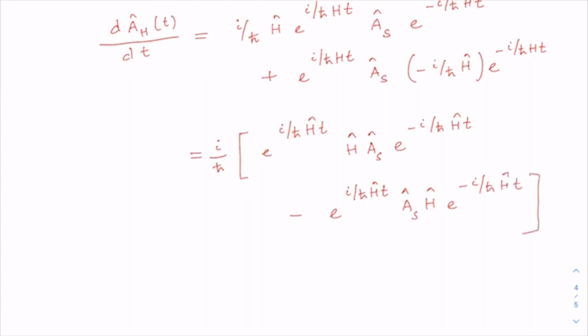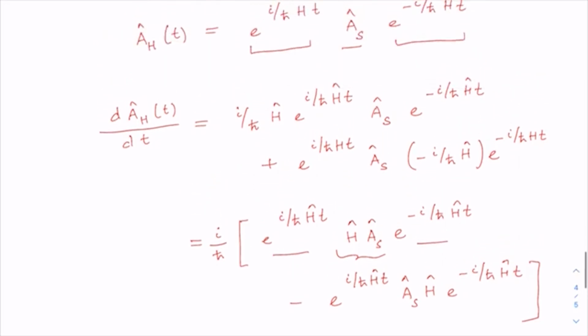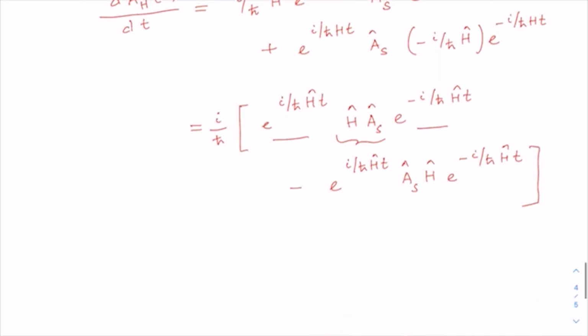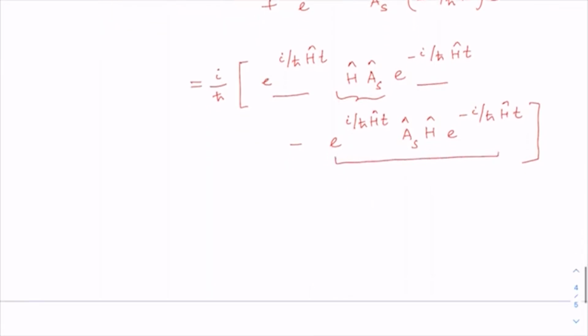What you see is that this product of the operators is now in the Heisenberg representation because of this factor here. As you can see, in the Heisenberg representation the operator is written in this form. Similarly is the case here. Therefore I can write it as i by h cross, H A minus A H, and let me put the subscript H here just to emphasize that I am writing these things in the Heisenberg representation.